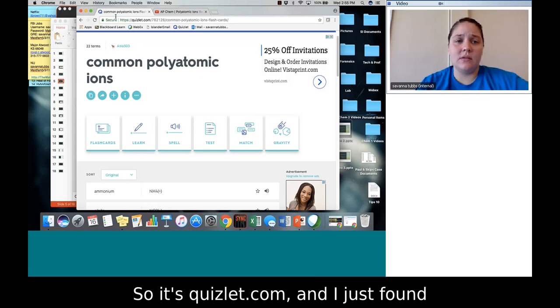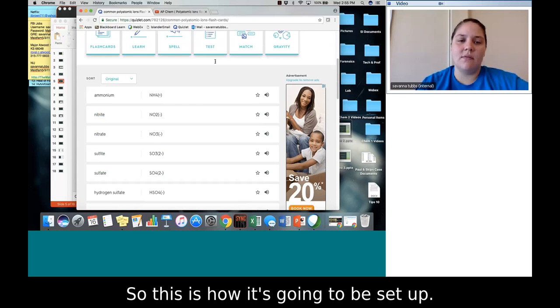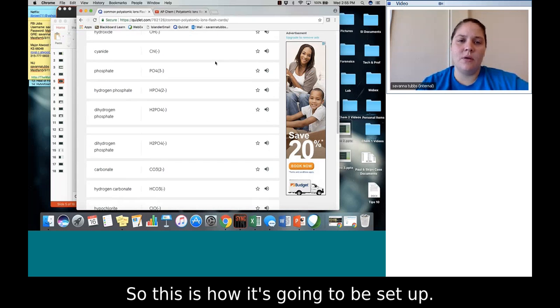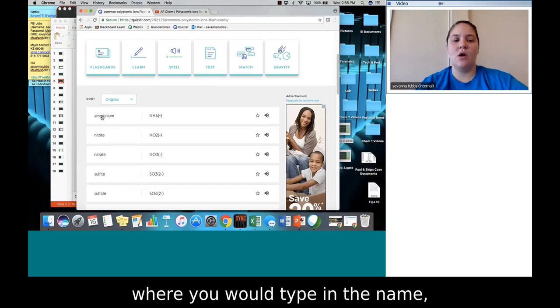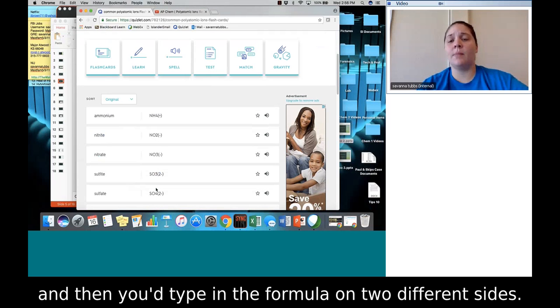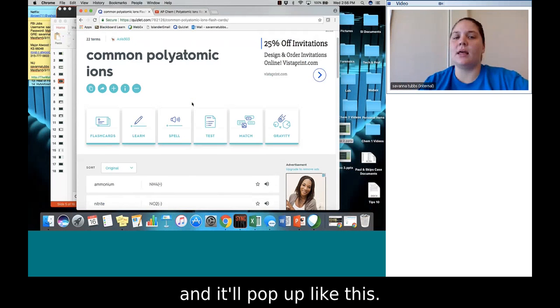So it's Quizlet.com, and I just found one that had to do with common polyatomic ions. This is how it's going to be set up. If you hit create, it'll pop up with 2 sections where you type in the name and then the formula on 2 different sides. Then you just hit create quiz and it'll pop up like this.